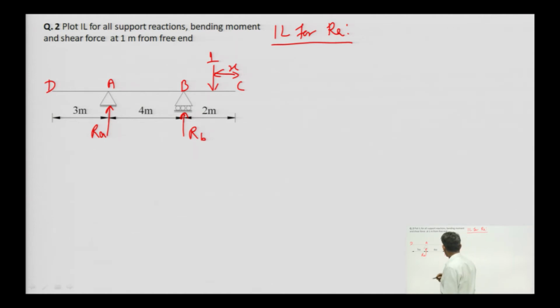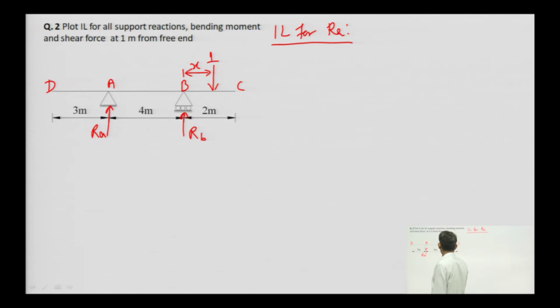So, putting the unit load in this segment at x distance from point C. It is better to take the value of x from this side, it is better.